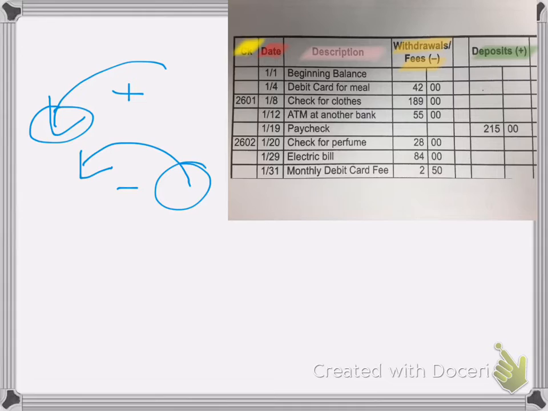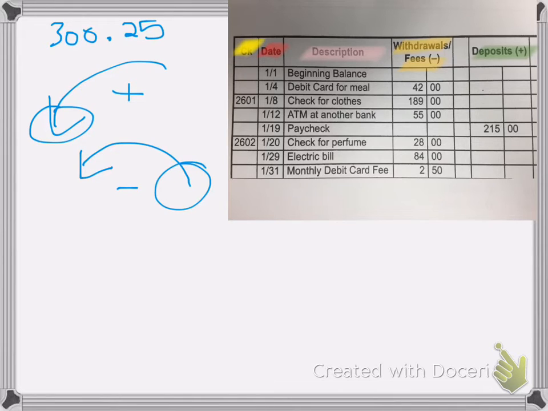So basically, we have a beginning balance, and then from there, we either add or subtract to get our new balance. In this case, I do believe our beginning balance is $325. Sorry, $300.25.